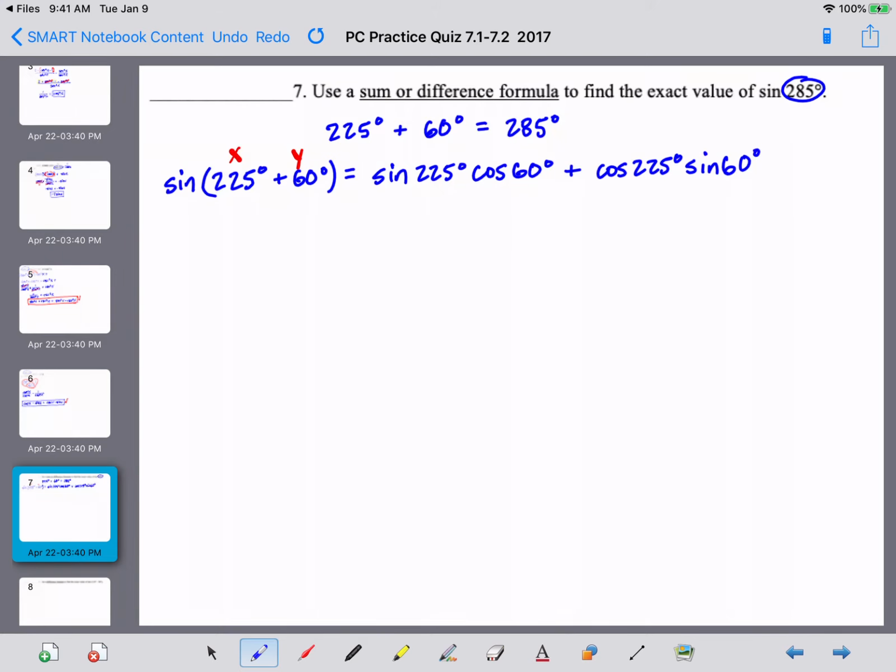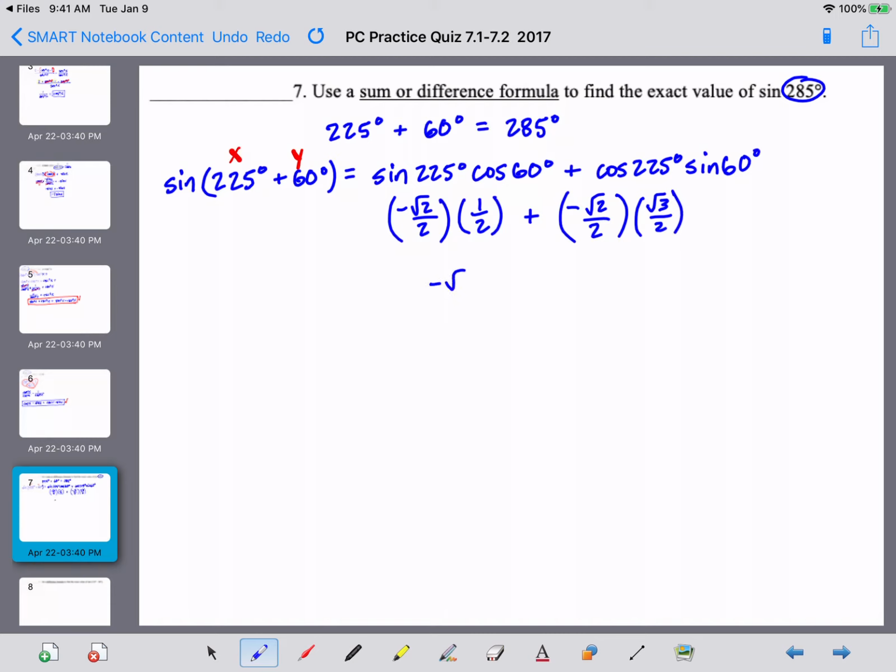Okay, and then if you recall, sine of 225 can be replaced with negative root 2 over 2. Cosine of 60 is just a half. Then we have plus cosine of 225, which is also negative root 2 over 2. And sine of 60 is root 3 over 2. All right, so we can multiply these.